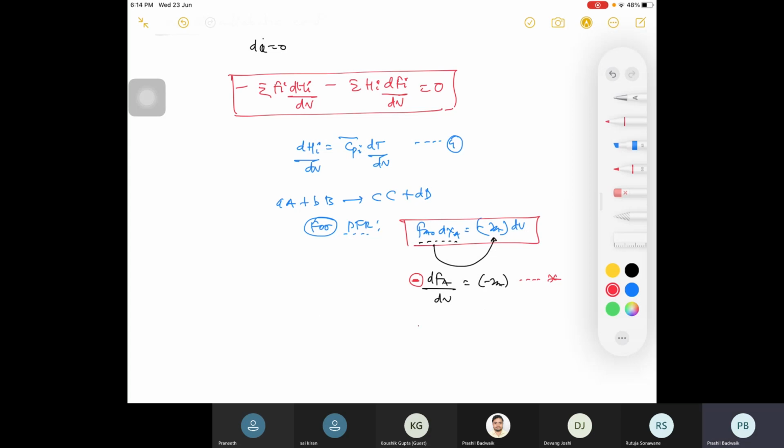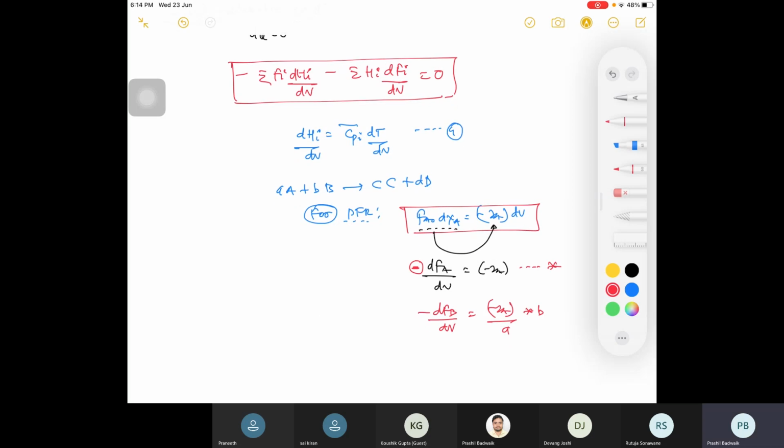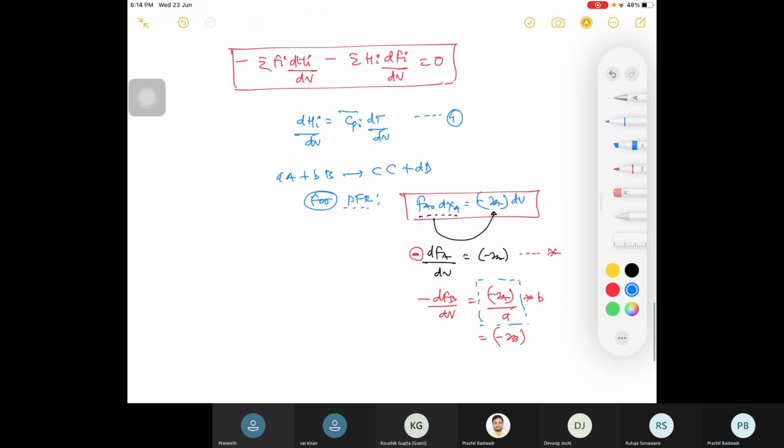For B, it is your minus dFB divided by dV into your minus RA divided by A multiplied by B, right? Divided by A multiplied by B, and that is also equals to your minus RB. Just I replaced in terms of A. So what will be your generalized equation then? Rate per unit of your limiting reactant into stoichiometric coefficient of the particular component.